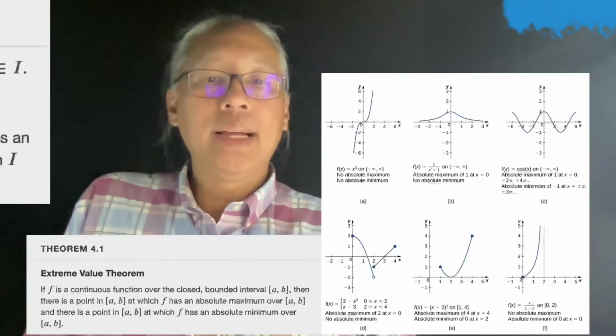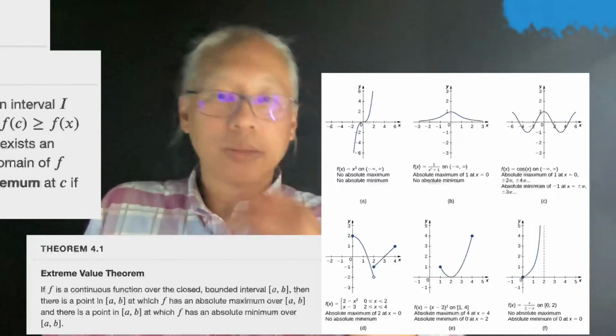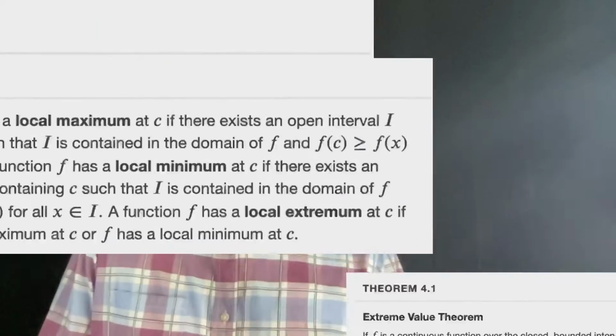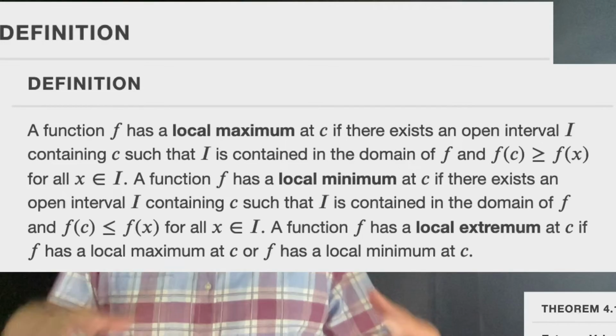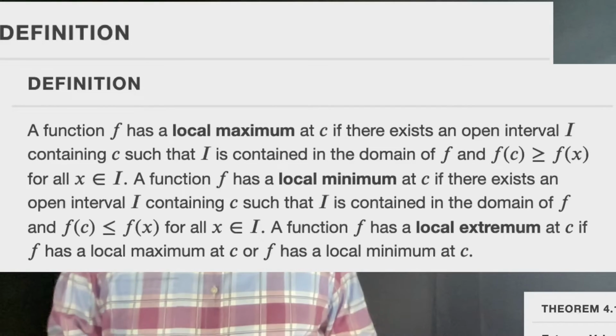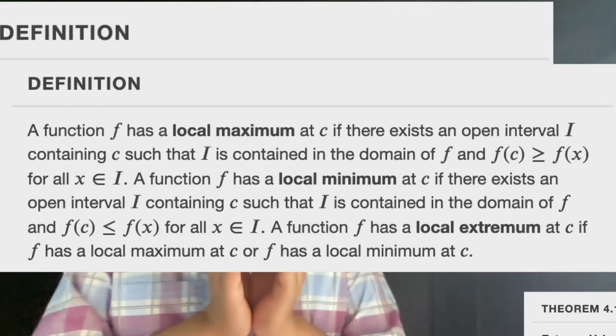Okay, now beyond the idea of absolute max and mins, we're also going to look at local max and mins. So here, instead of looking at an actual interval, we're going to look at things that are close by a particular point.